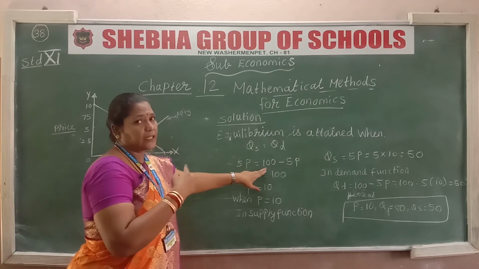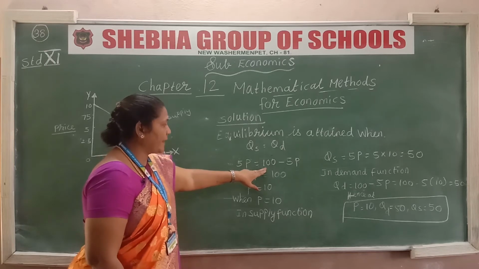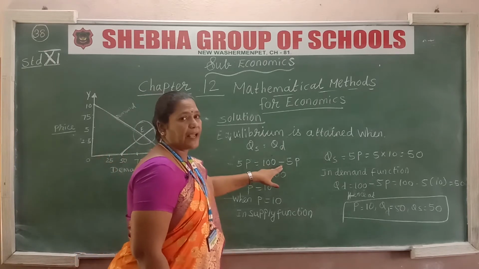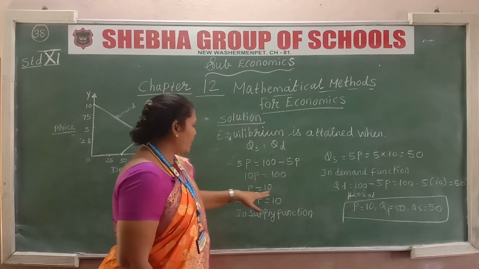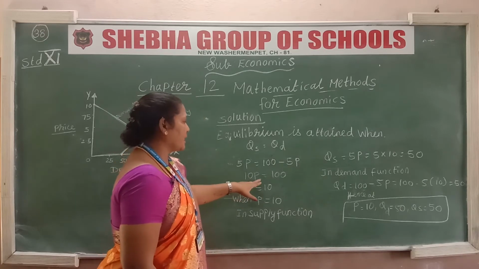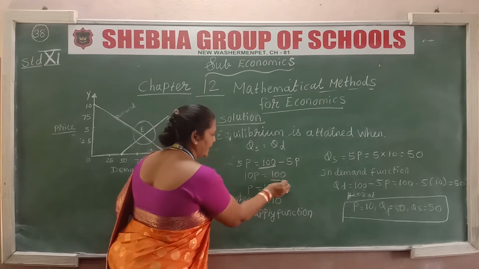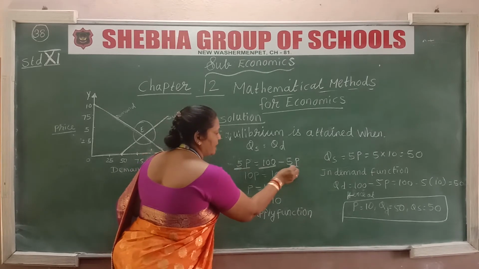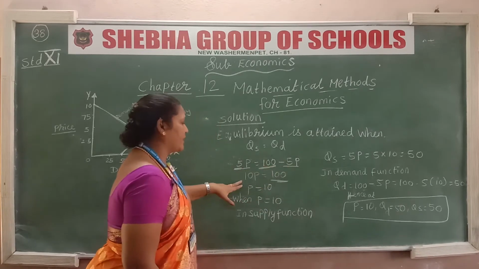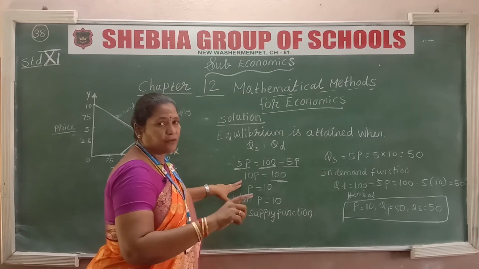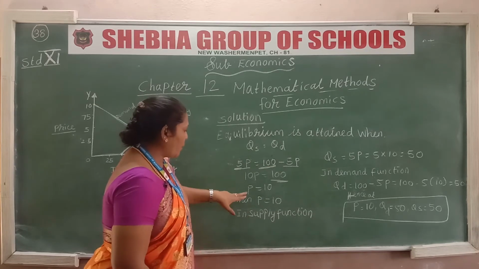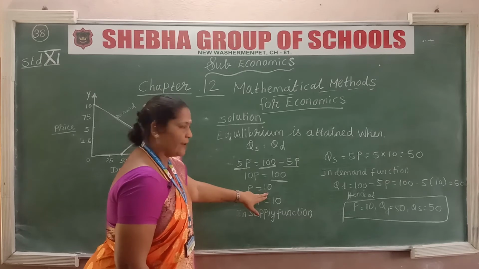Quantity supply and quantity demand they have given as 100, so we have written it as it is. Here 5 plus 5 we have written as 10p. That means the value of the price is 10.